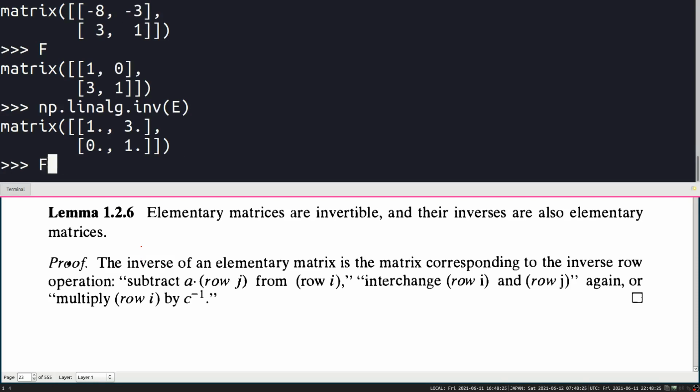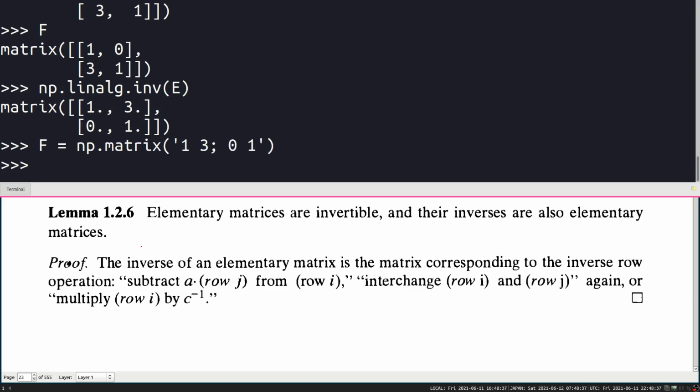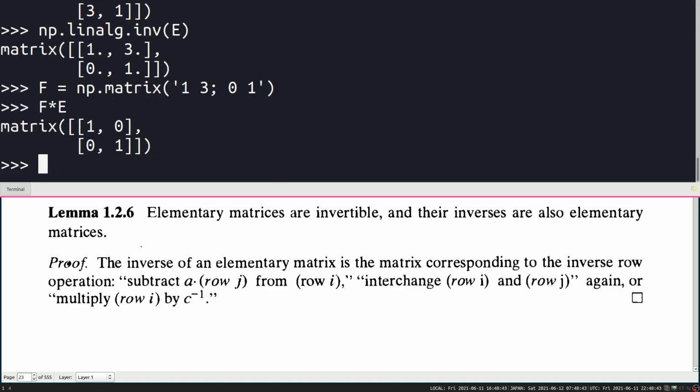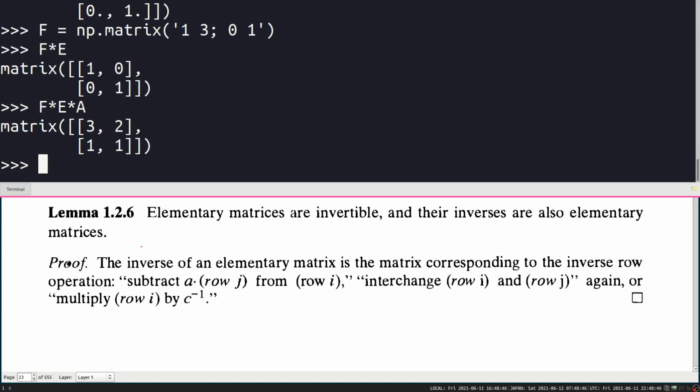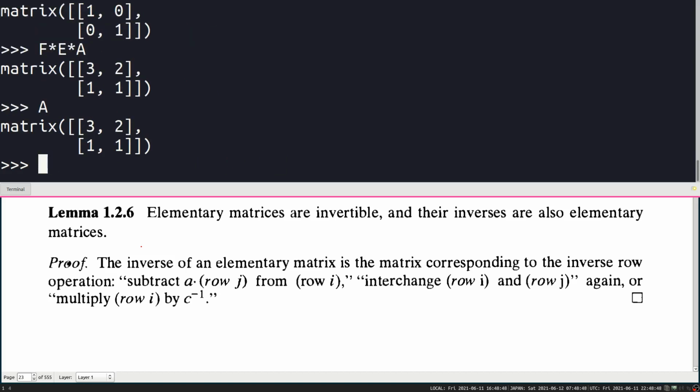Okay, so actually, instead I should put the 3 up here. I was mistaken. See, this is why I don't, it relies on doing this juggling in your head. So let's do F times E. Okay. So F times E times A, obviously that'll give us back A again.